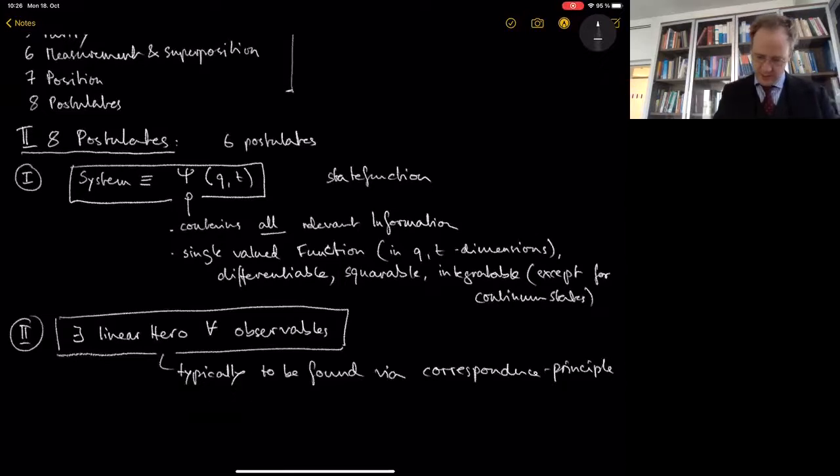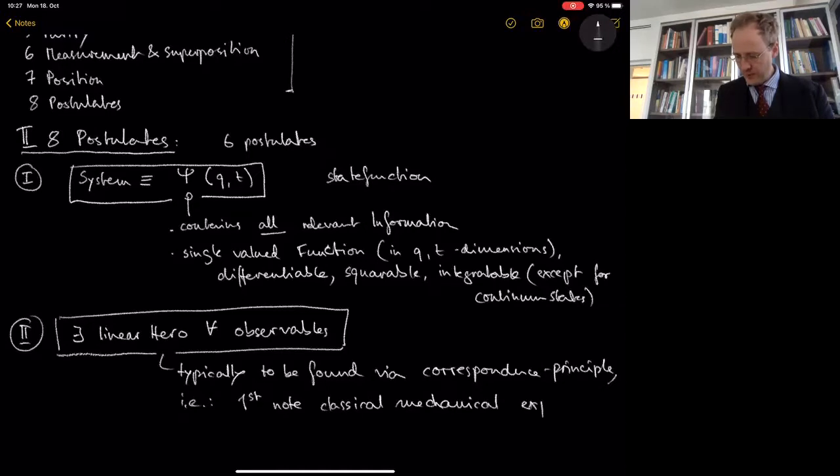This means that you first note the classical mechanical expression. You should be familiar with this from your introductory quantum lectures.